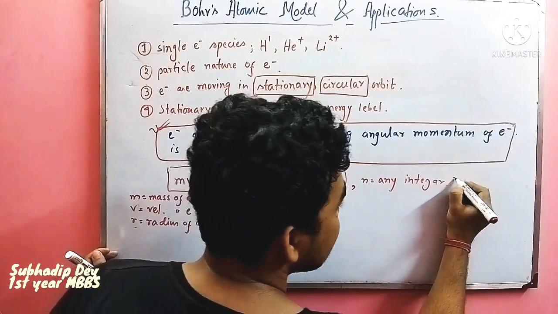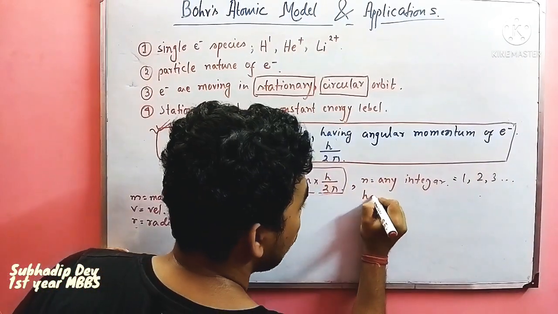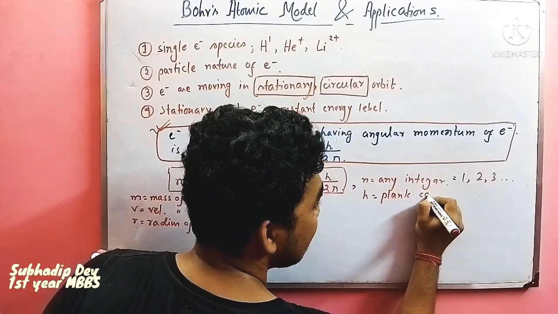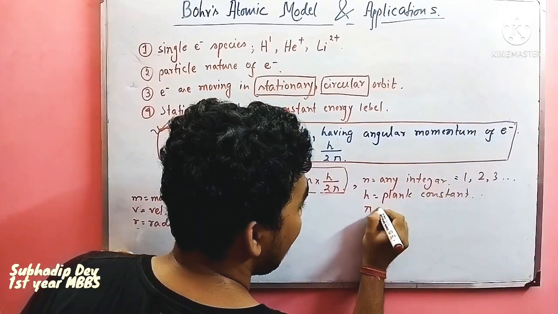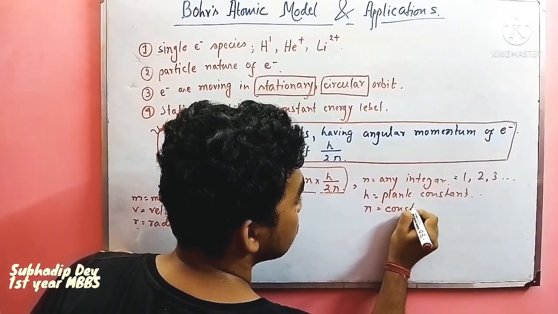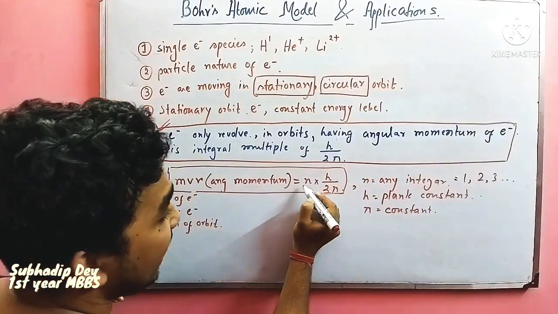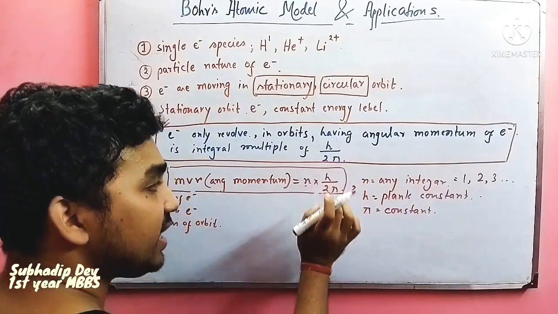Here n is any integer, that is 1, 2, 3, and so on. h, as you know now, is Planck's constant, which has a specific value, and pi is another constant. You can see n is an integer while h and 2 pi are constant.